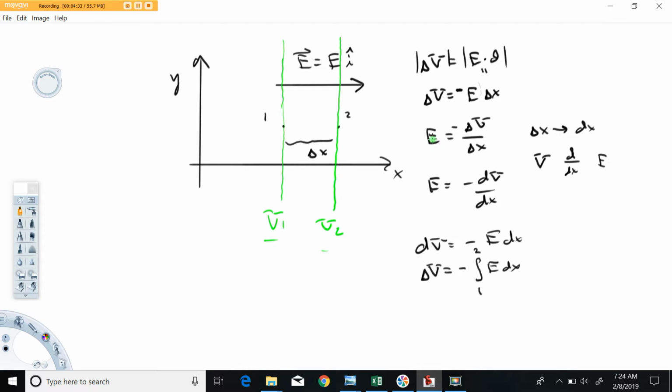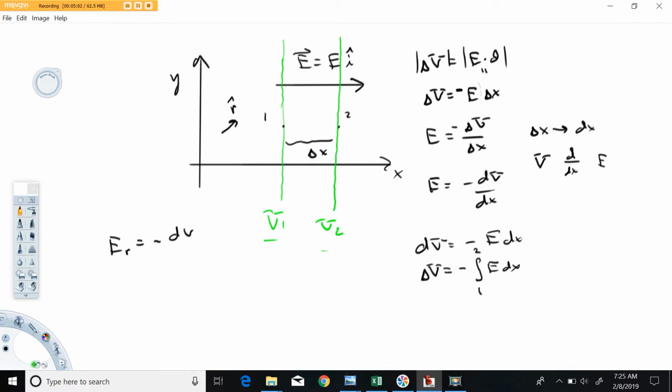Notice that this electric field is in the direction of this delta x here. In a more general sense, we can write this same relationship. I'm going to put sub r here, which means the electric field r component, where r is just some arbitrary direction. I'll put r hat here. E sub r would equal minus dV dr. Whoops, that's not a vector.